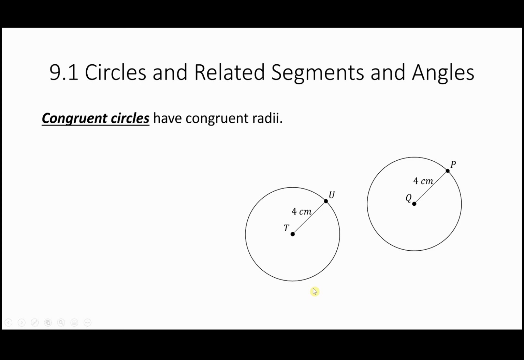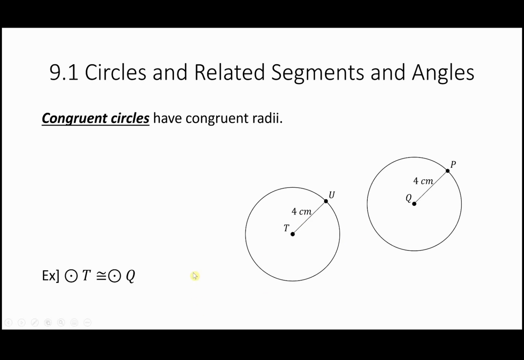If they're both 4 centimeters long, then these two circles are said to be congruent to each other. That's it. If you want to say that circles are congruent, you need only show that their radii are congruent. Okay? Cool. And if their radii have the same measure, then they are congruent to each other.